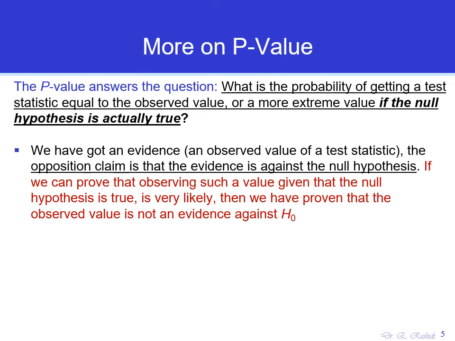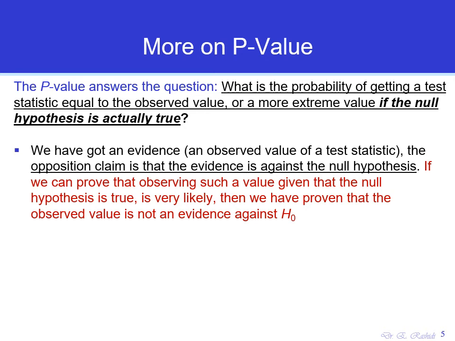If we can prove that observing such a value, given that the null hypothesis is true, is very likely, it's not a surprise, then we have proven that the observed value is not evidence against H0, but actually a consequence of H0 being true.